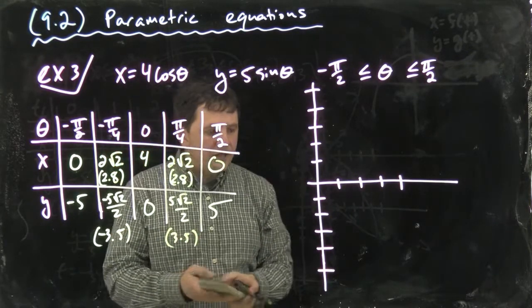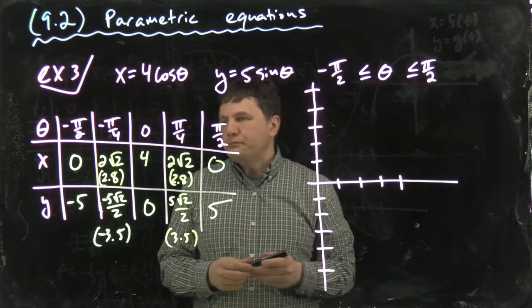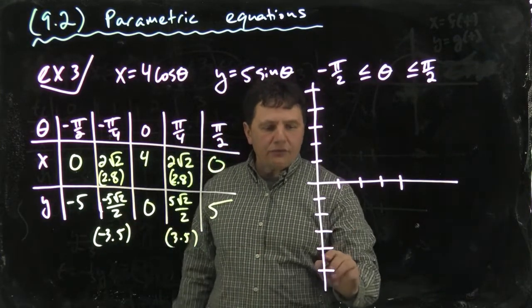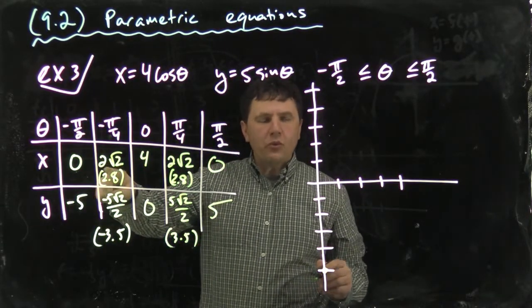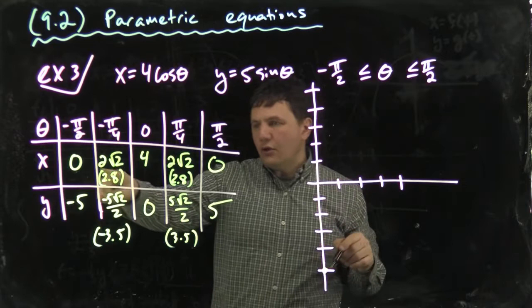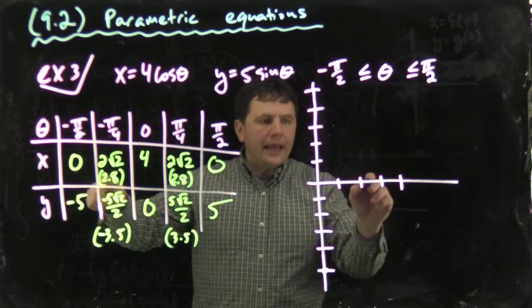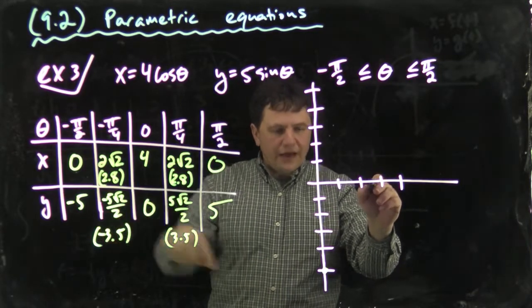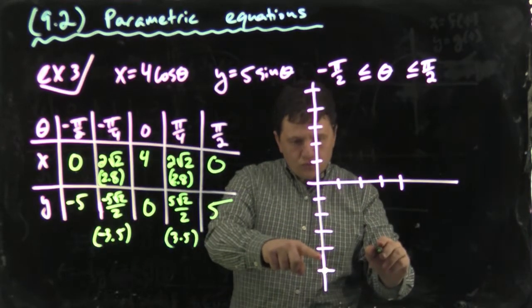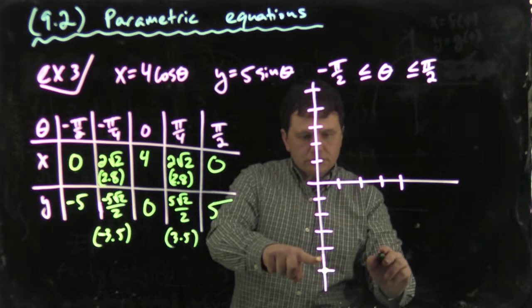Okay, so let's go ahead and plot these points. So 0, negative 5 are right here. Okay. So that's our first point. Oh, and by the way, they're giving you the domain. 2.8, which is somewhere in there, to negative 3.5. So yeah, right down there.